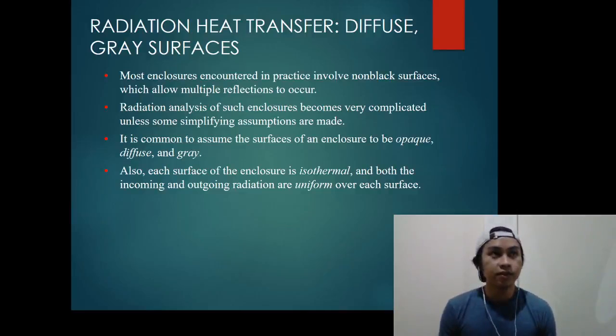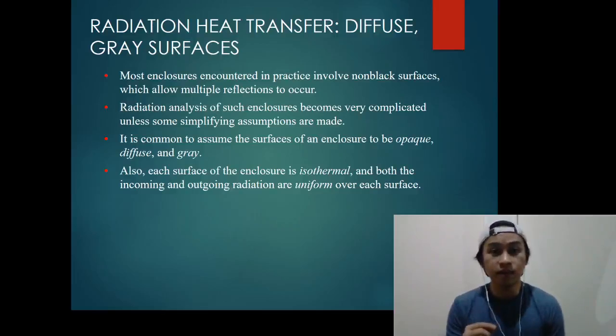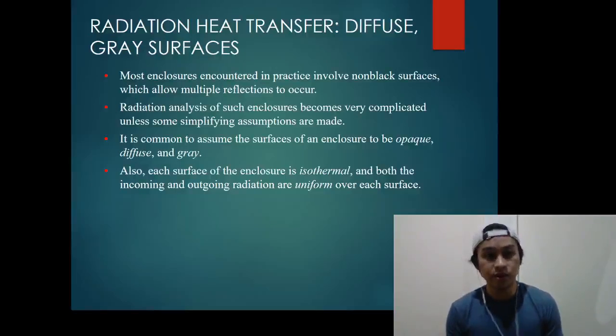After presenting the view factor, the next topic is radiation exchange between surfaces and also the radiation network. At first I will explain the diffuse gray surface. Most enclosures encountered in practice involve non-black surfaces, which allow multiple reflections to occur.